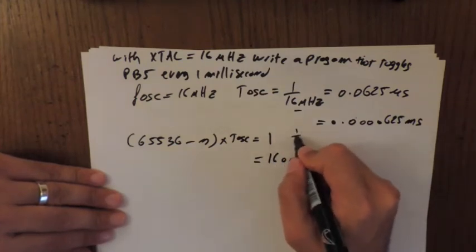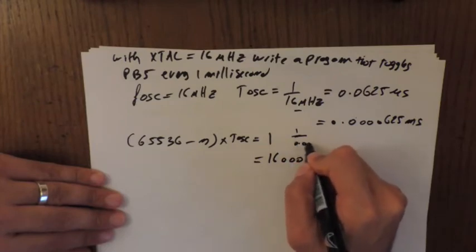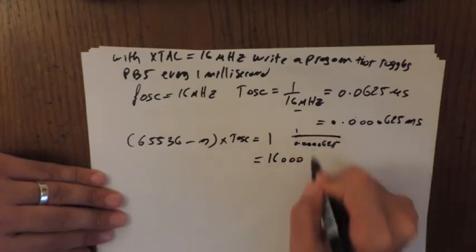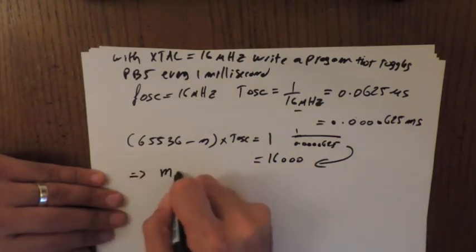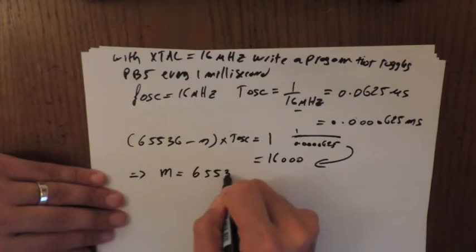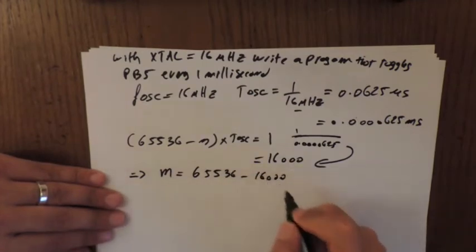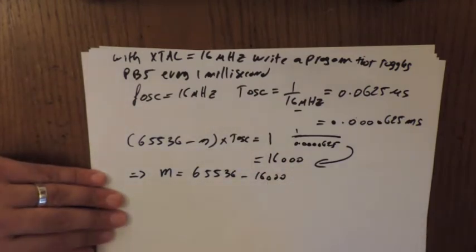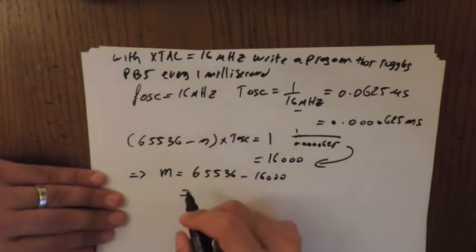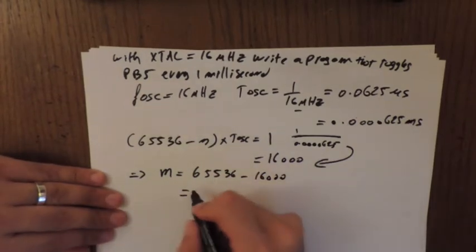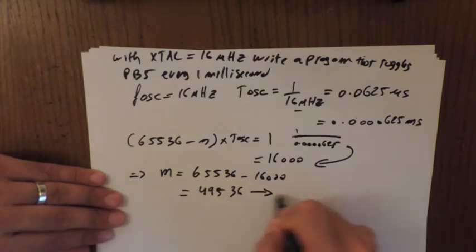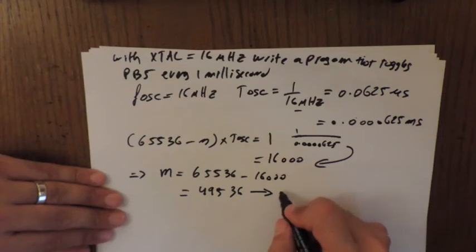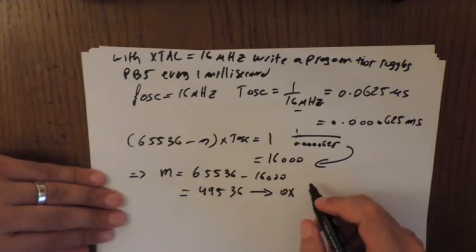This is equal to 1 over 0.0000625. Okay, this implies n is equal to 65536 minus 16,000, and this will be equal to 49536, which amounts in hexadecimal to 0xC180.